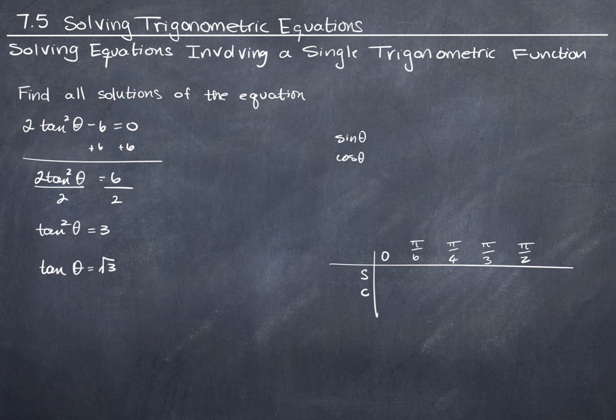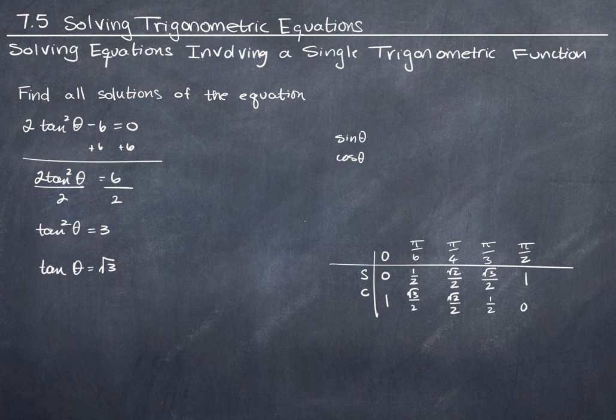And then to fill this out, I have the square root of 0 over 2, the square root of 1 over 2, the square root of 2 over 2, the square root of 3 over 2, and the square root of 4, which is 2 over 2. And then I go backwards. Square root of 2 over 2, square root of 3 over 2, square root of 2 over 2, square root of 4 over 2.